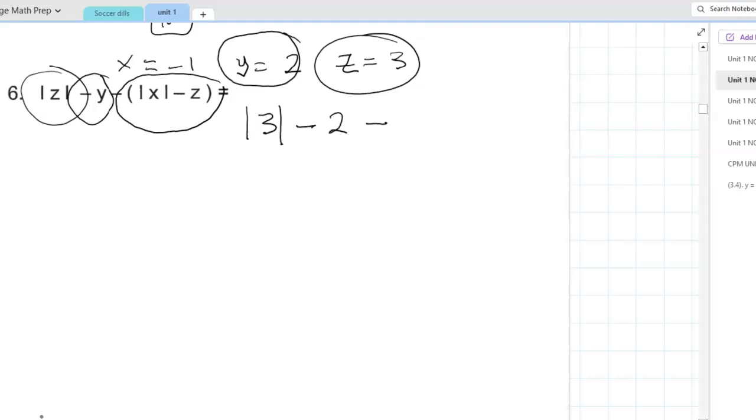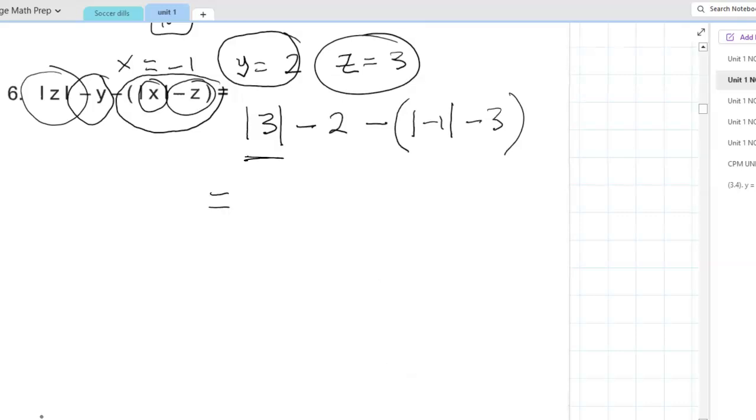I'm writing it exactly as I see it. So there's a parentheses, an absolute value, and then it says x. So I'm going to put that -1 in there, close the absolute value, minus the z, which we know is 3.